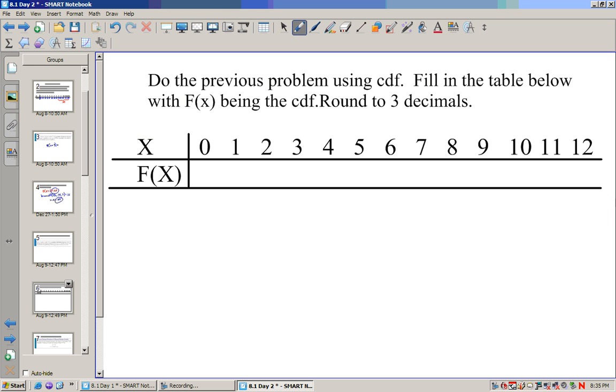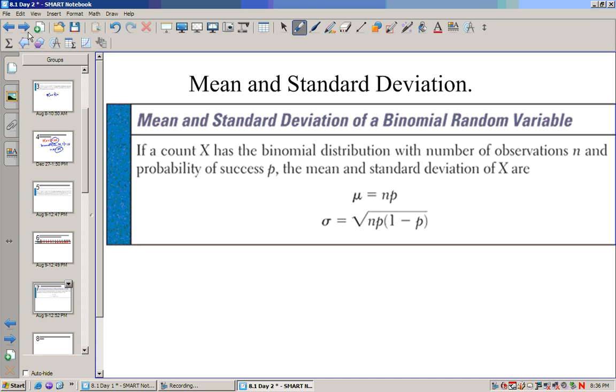I'll start with, again, essentially 0, 0, 0, 0, 0.01, 0.05, 0.16, 0.35, 0.61, 0.84, 0.97, and 1. Notice how it ends with 1 because it adds up all of these probabilities. So when it gets to the last term, it should always equal 1.